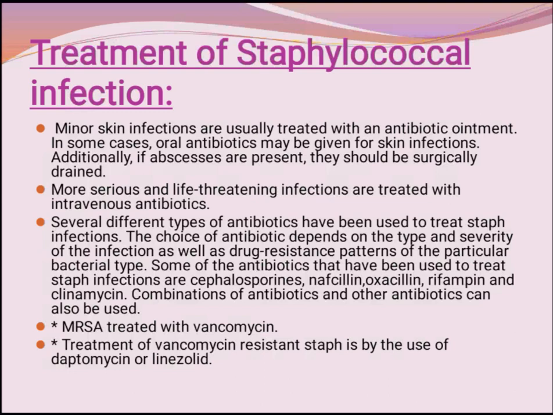So, antibiotic susceptibility testing should be done. The antibiotics most commonly used are cephalosporins, nafcillin, oxacillin, rifampicin, and clindamycin. Combinations of antibiotics can also be used. MRSA is treated with vancomycin, and vancomycin-resistant Staphylococcus aureus is treated with daptomycin or linezolid.